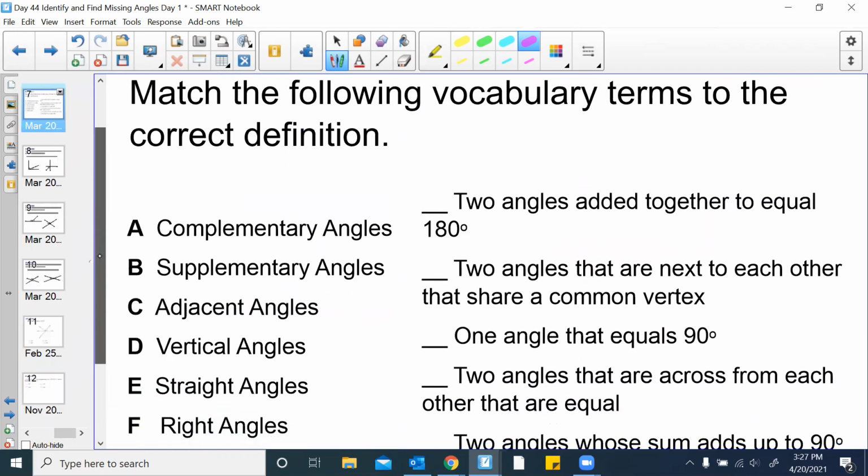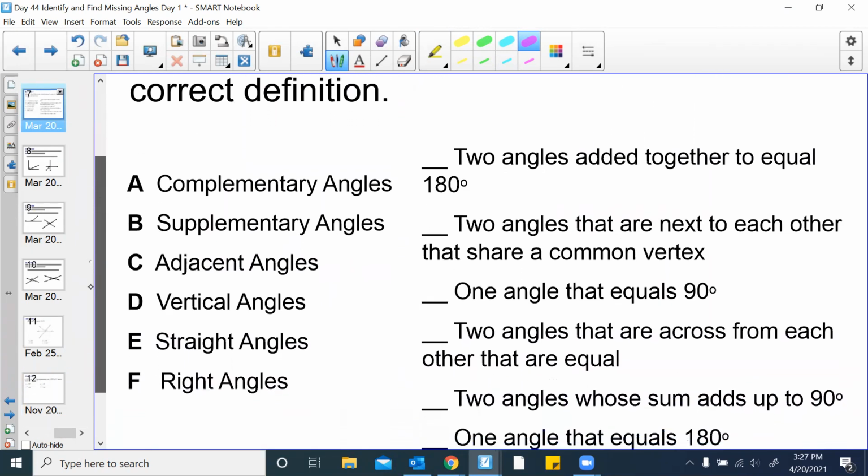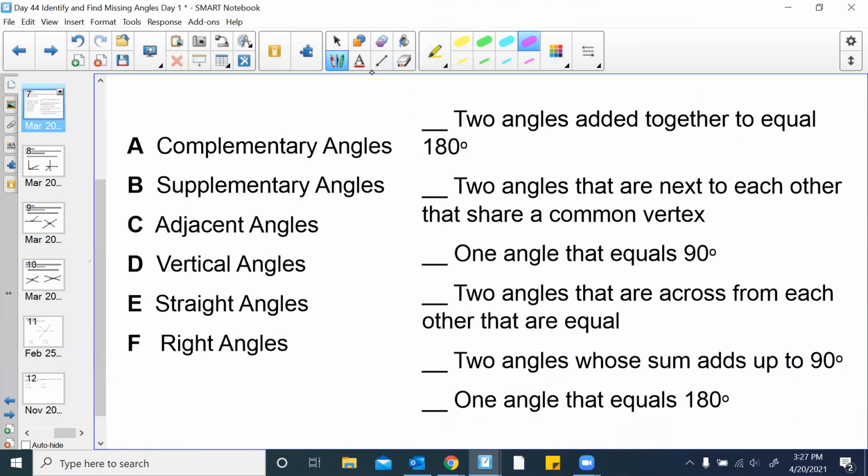All right, you'll probably see something like this on a test where you have to match the following terms. I'm going to do this quickly because you can always pause. Two angles whose sum adds up to be 90 is going to be complementary.